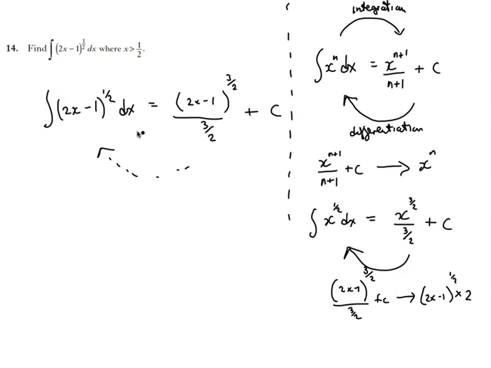Now, that 2's not there. So we have to get rid of that 2 by dividing by the 2. So that if you think about it, what goes on now, we multiply by the 3 over 2, that cancels. 2x minus 1 to the 1 half, when we take 1 away from this, times 2, which cancels with this 2.